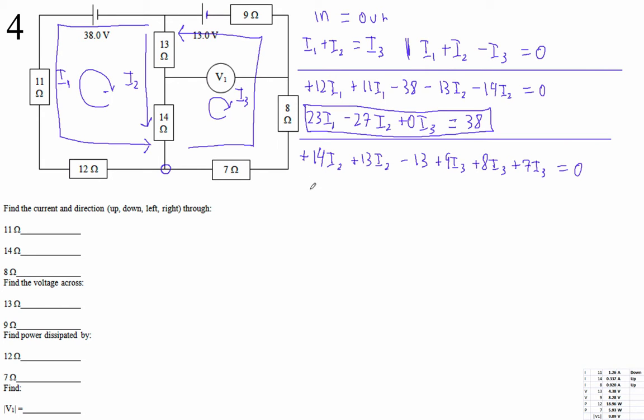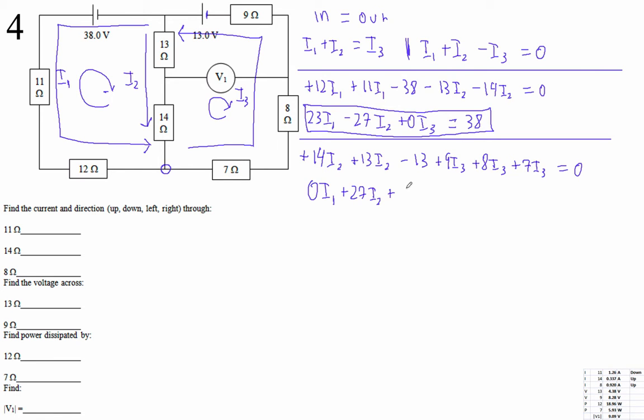Okay, so let's write this down. It's 0 I1, and then we have plus 27 I2, and then how much I3? 9 and 8 is 17, and 7 more, that's going to be 24.